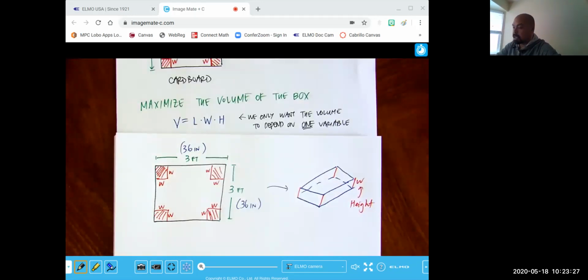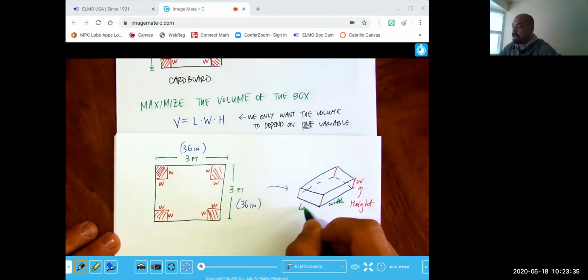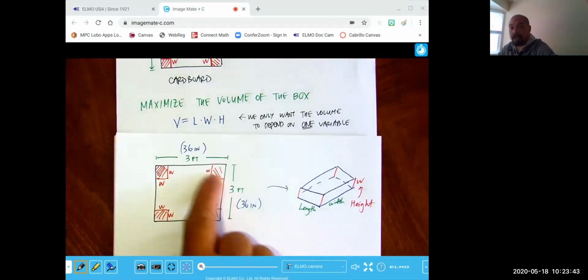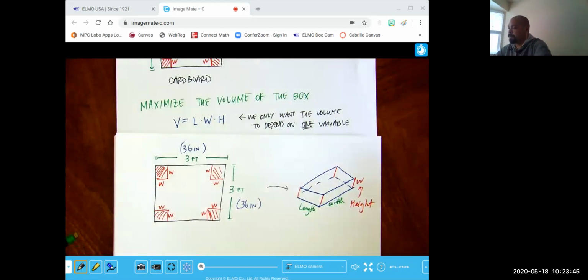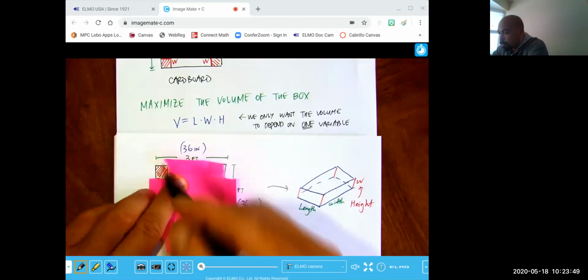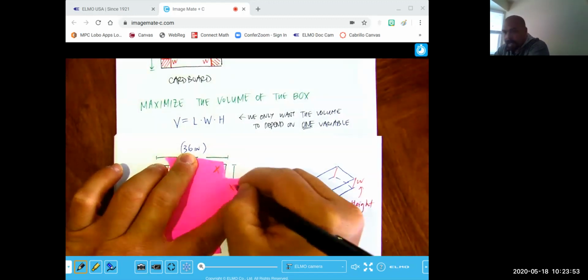But now let's think about that length, and I'll call it width here, length and width. In these cases, the length and width are going to come directly from how we're folding up that cardboard, because this side was X. Is that visible? I know it's a little bit light on my end.